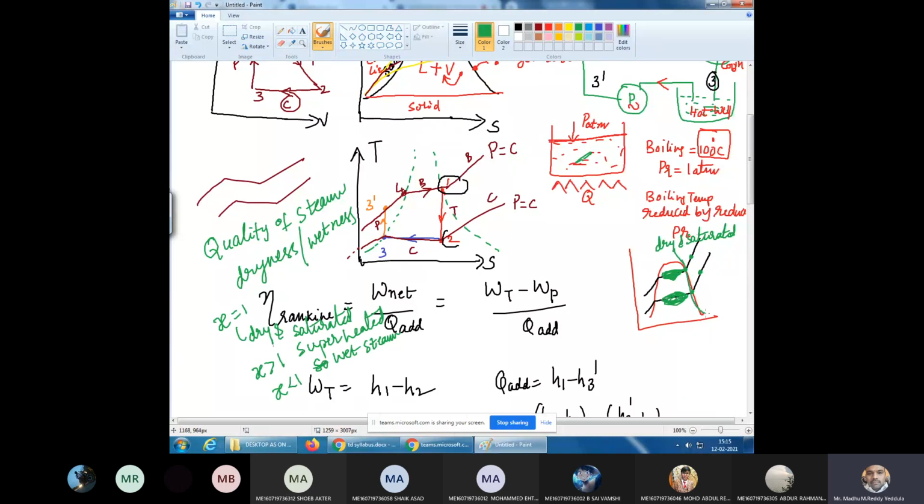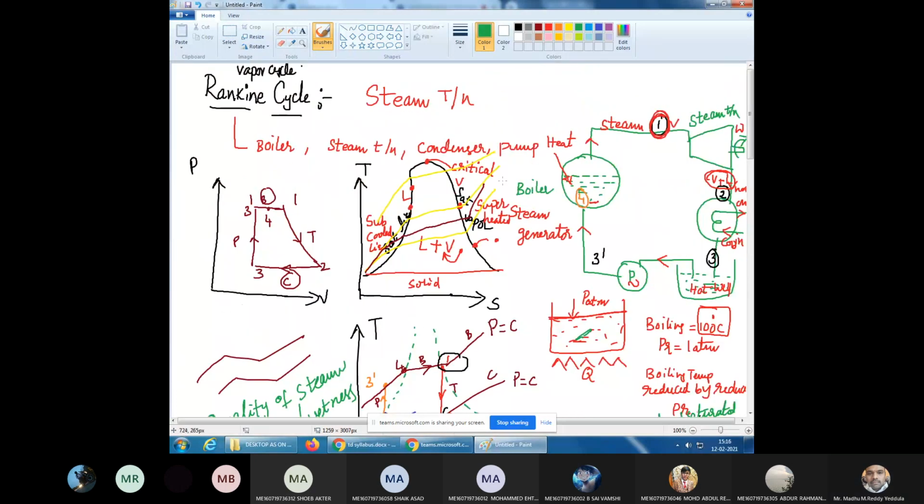On this line, X equals 1. If you move to the right side, X is greater than 1. Clear this Rankine cycle? All steam turbines work on the Rankine cycle.